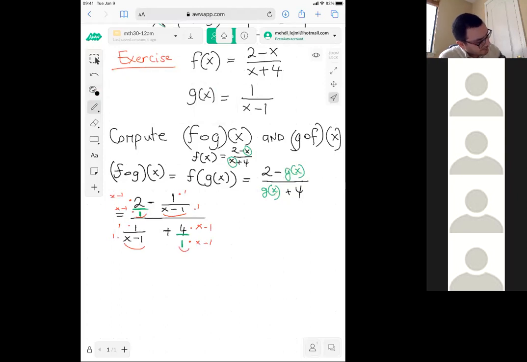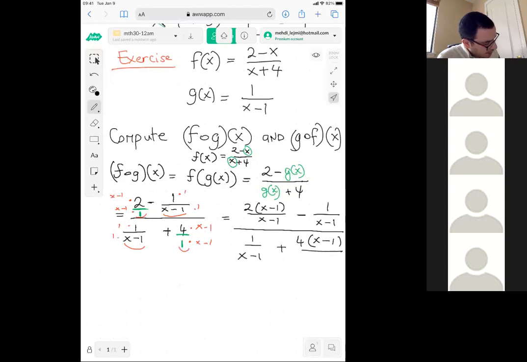So we're going to have 2 times x minus 1 over x minus 1, minus 1 over x minus 1 times 1. The whole thing divided by 1 over x minus 1 plus 4 times, and we need the parentheses, guys, x minus 1 over x minus 1.